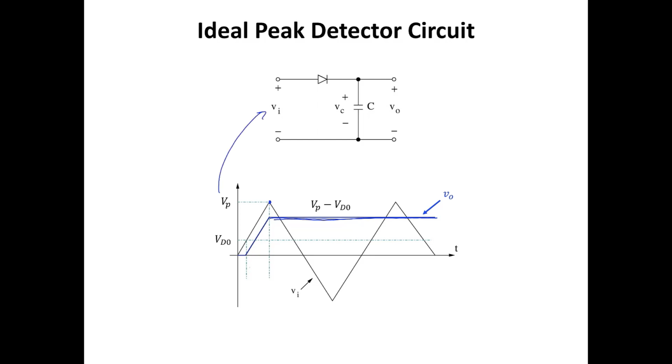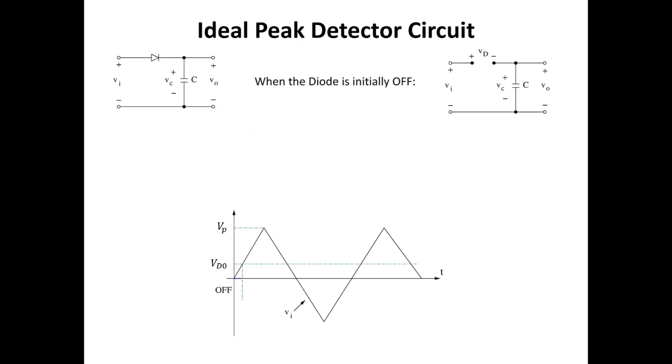Let's analyze this circuit. First, let's take a look at the case when the diode is off. We're going to assume that the initial voltage across the capacitor is equal to 0. So labeling the voltage across the diode Vd and Id, considering this node as a reference node, this is Vc, and this node is equal to Vi.